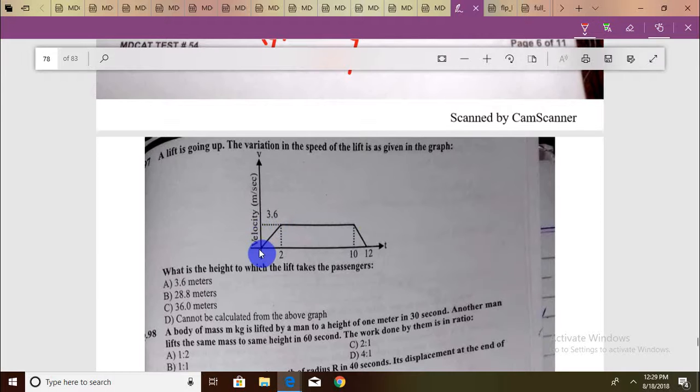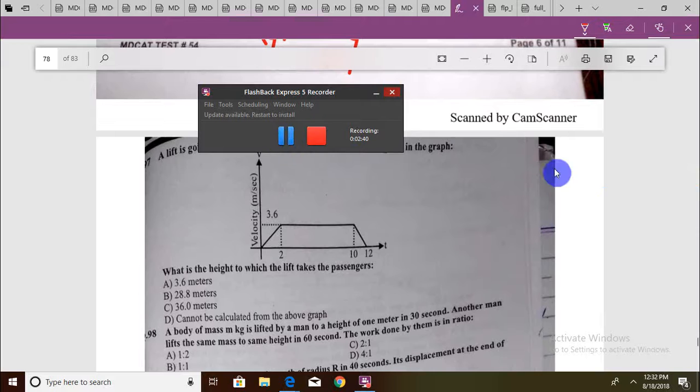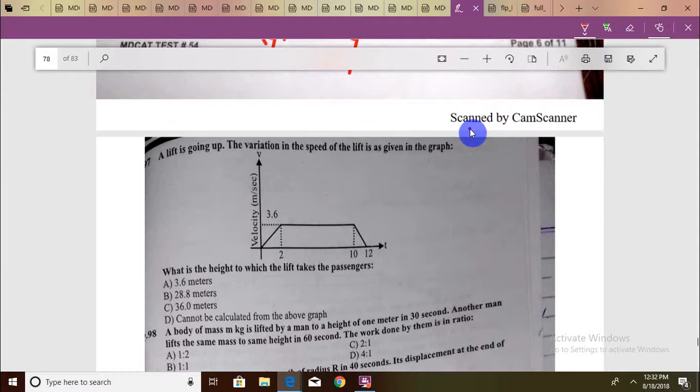Well, initially we're observing that the velocity increases till a certain value, then it begins to fall, then it becomes constant, and then it begins to decrease. Now you would be like, this is decreasing, so what does that imply in this scenario? Till which point ought we take the area under the graph?